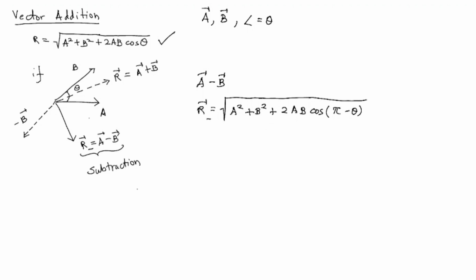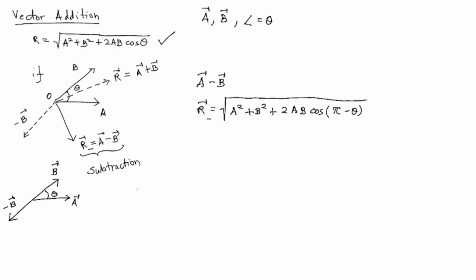Note that originally, if this point is O, then we have something like this. This is b vector in positive direction. This is minus b vector, or b vector in negative direction. This is a vector and this is theta.